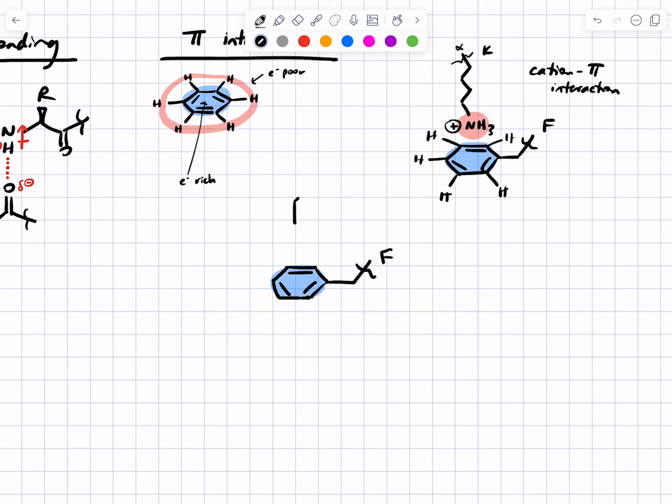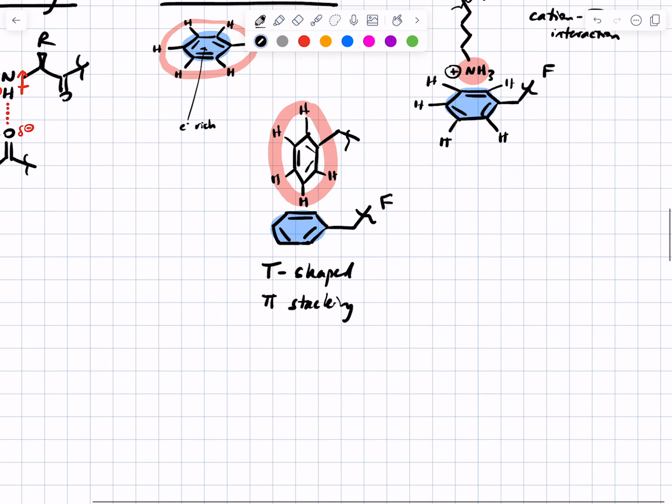So we call this sort of T-shaped stacking, where the electron-poor edge of one aromatic ring gets close to the electron-rich face of the other aromatic ring. And again, opposite charges attract, even if they're partial charges. So we call this an example of T-shaped pi stacking.